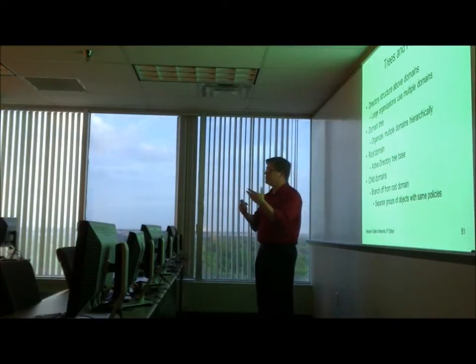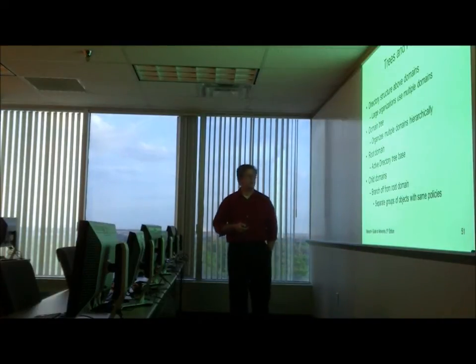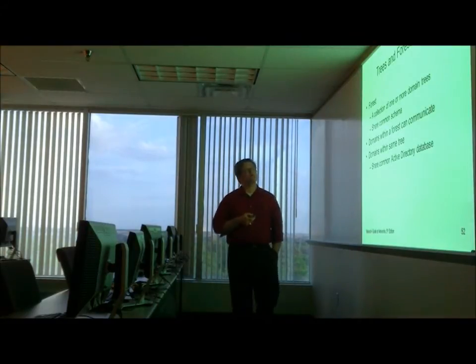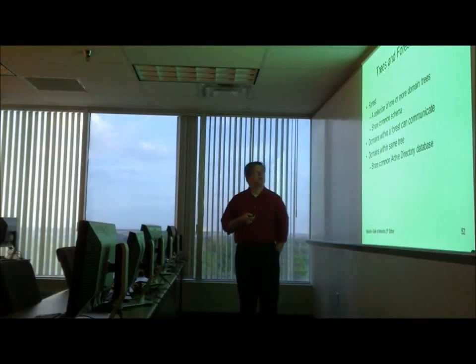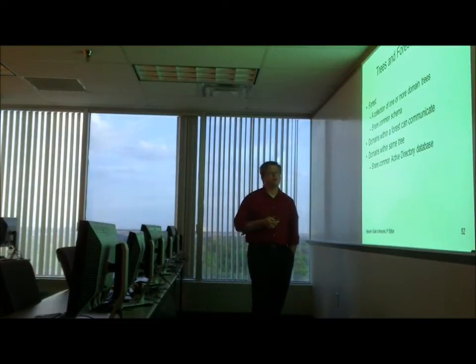So whereas you normally think of root being at the bottom of the tree, the way they've mapped it out is it's at the very top of the tree. Child domains branch off from the root domain, etc. A forest is a collection of one or more domain trees. They share a common schema, and domains with a forest can communicate. Domains within the same tree share a common Active Directory database.